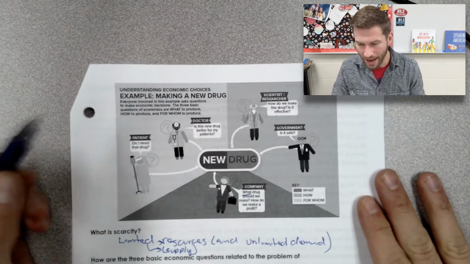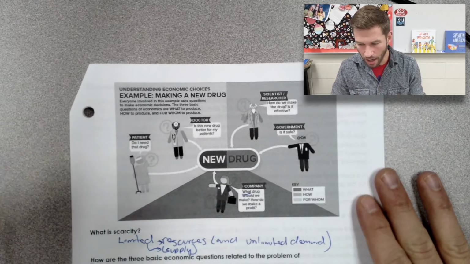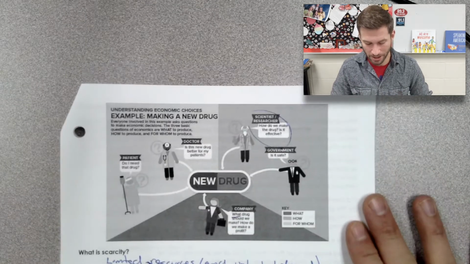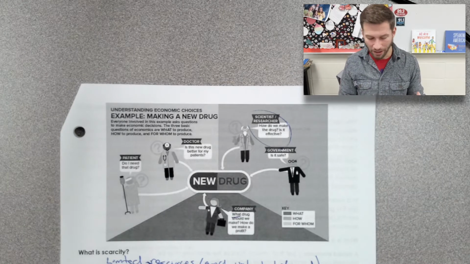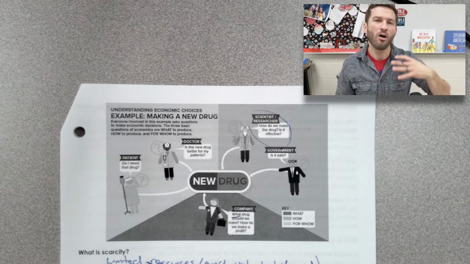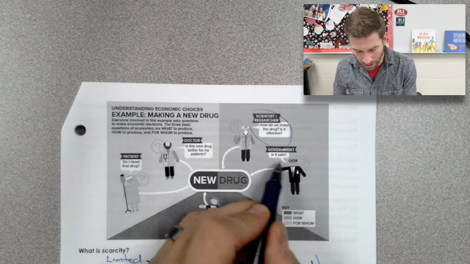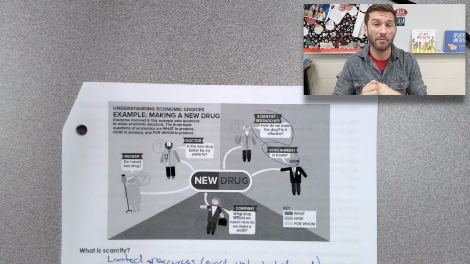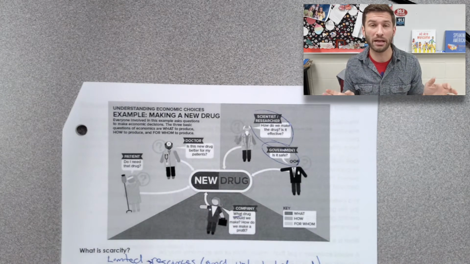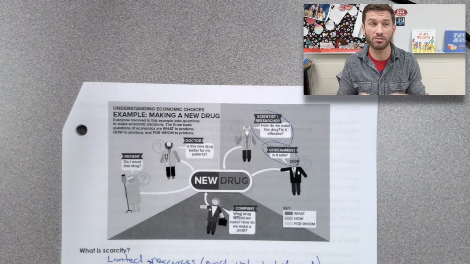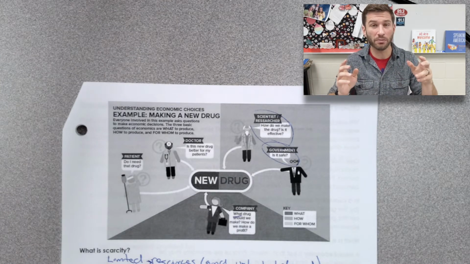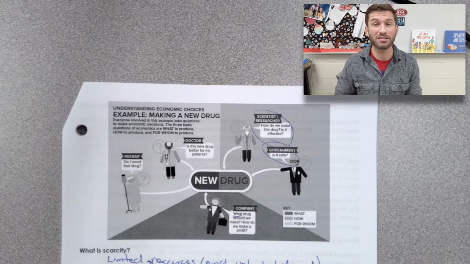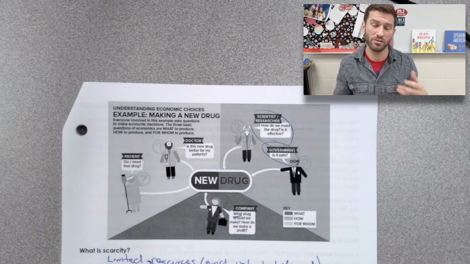And then after that, we talk about the how. So we bring in our scientists, we bring in our researchers, right? So they're going to evaluate the drug. Is it effective? Will it actually help people? And then we also have the government that is going to regulate that and say, you know what, there are certain types of drugs you can and cannot make, or there are certain types of tests you can and cannot do, or there are certain types of regulations that we're going to put on top of these drugs or these vaccines to ensure that they are safe, because we also need to ensure the safety of our people.